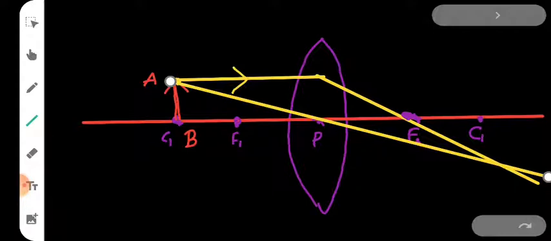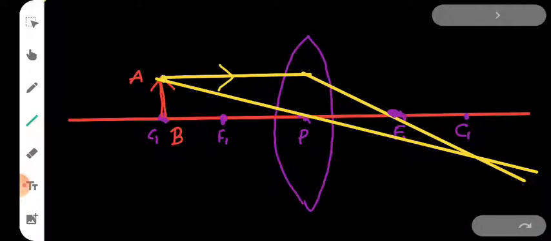See, I cannot control it. Okay, there is your second ray.